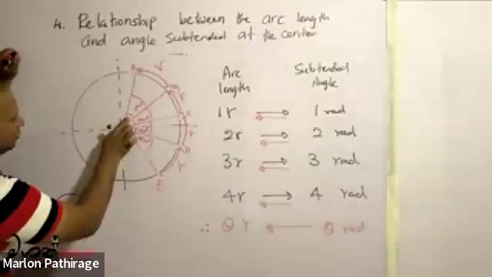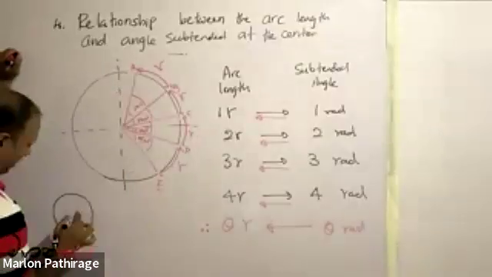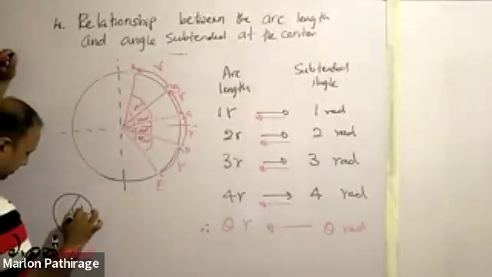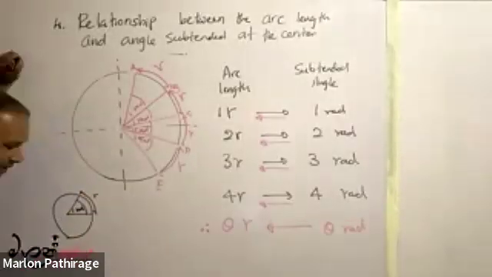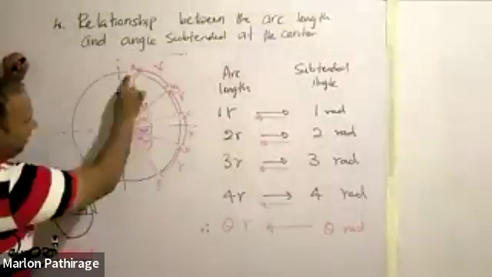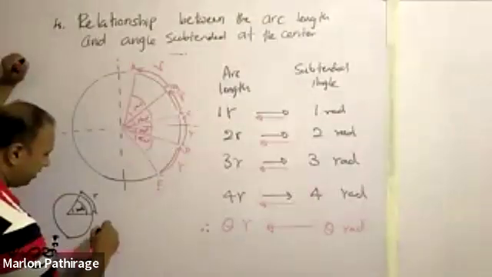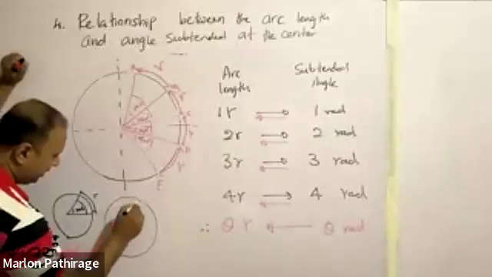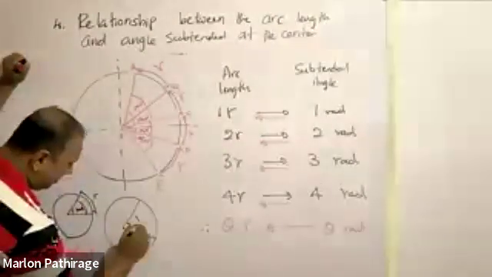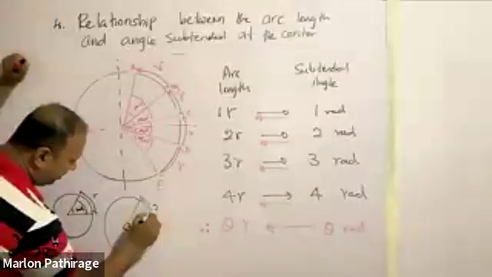If the angle is 1 radian, the arc length is 1r. If the angle is 2 radian, the arc length is 2r.